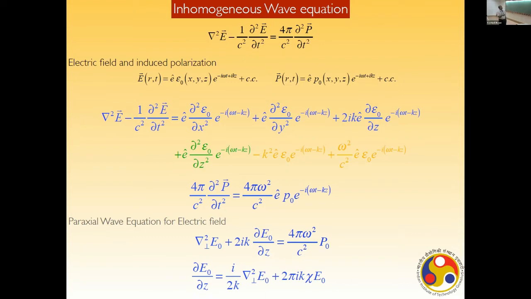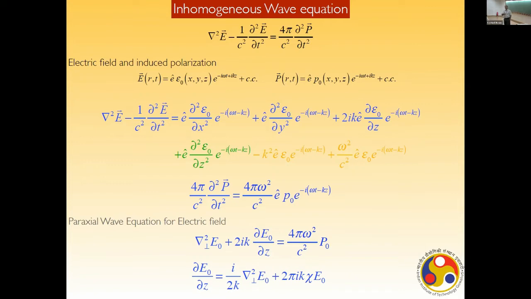Now, if you substitute here and apply the slowly varying envelope approximation, you end up with this equation. You have the longitudinal variation associated with the transverse variation, and that is the main culprit of the diffraction.